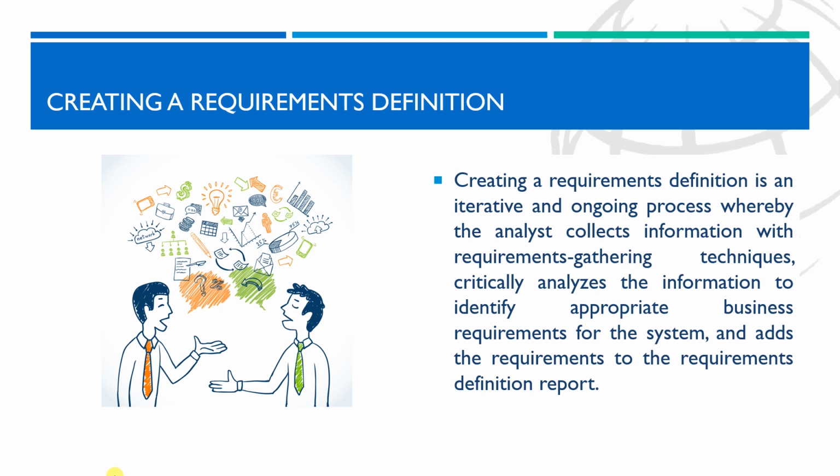The evolution of the requirements definition must be carefully managed. If the project team keeps adding to the requirements definition, the system will keep growing and growing and never get finished. Instead, the project team carefully identifies requirements and evaluates which ones fit within the scope of the system.